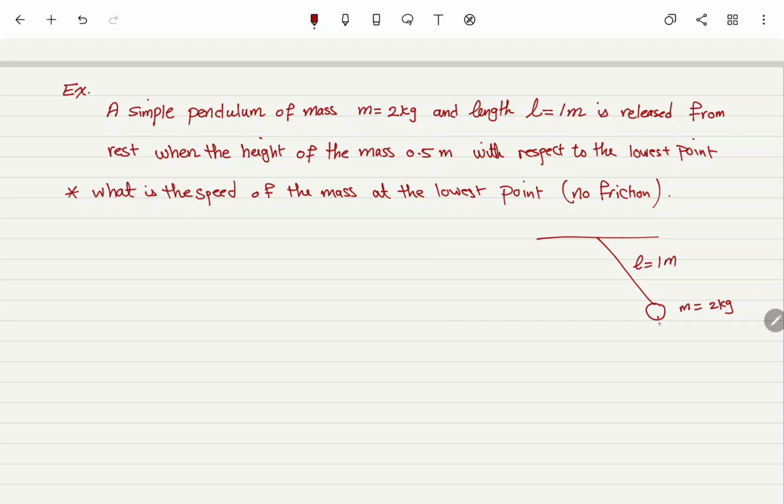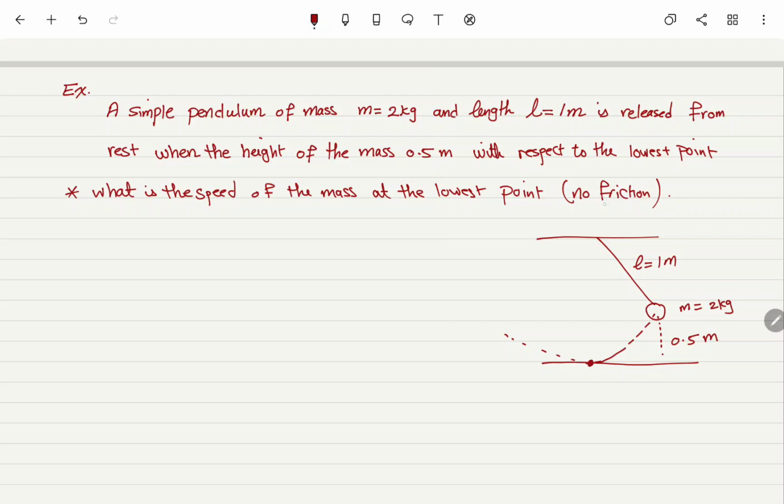The height of this mass with respect to the ground, assuming that this is the ground, equal to 0.5 meters. Now, what is the speed of this object at the lowest point? So this is the lowest point here.